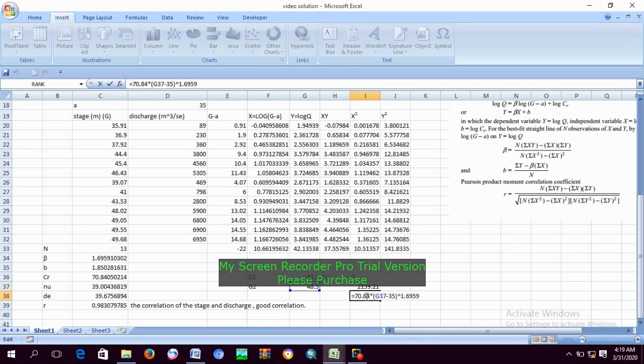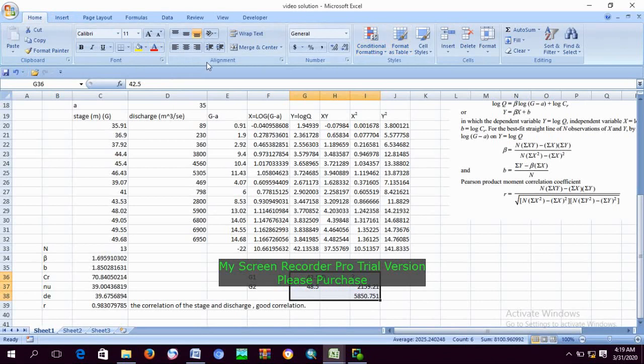Yes, this is the value. So at this height the value of Q is this one.